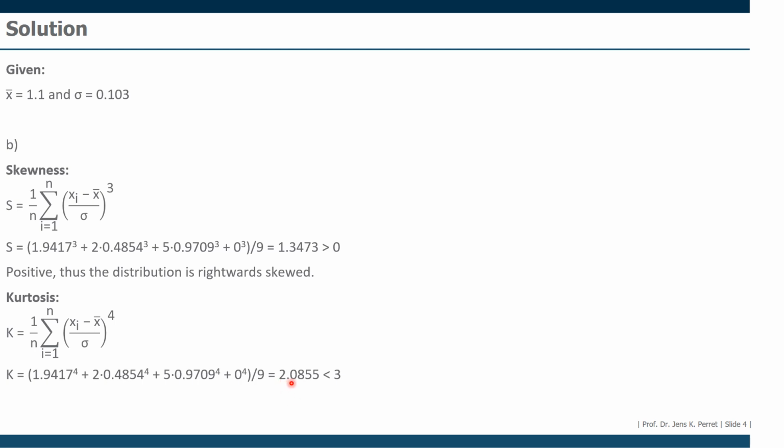Here, the value is smaller than 3, so compared to the normal distribution, it's a bit more homogeneous. So we call this a so-called platykurtic distribution. It's a bit closer to the mean.